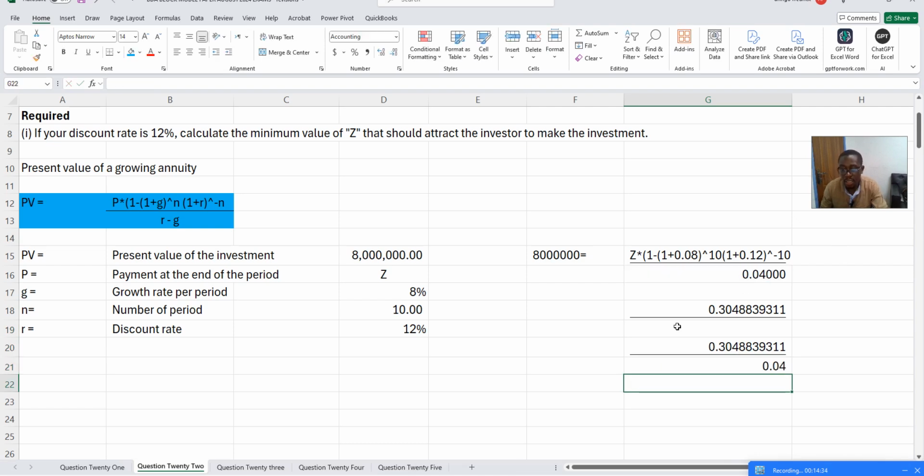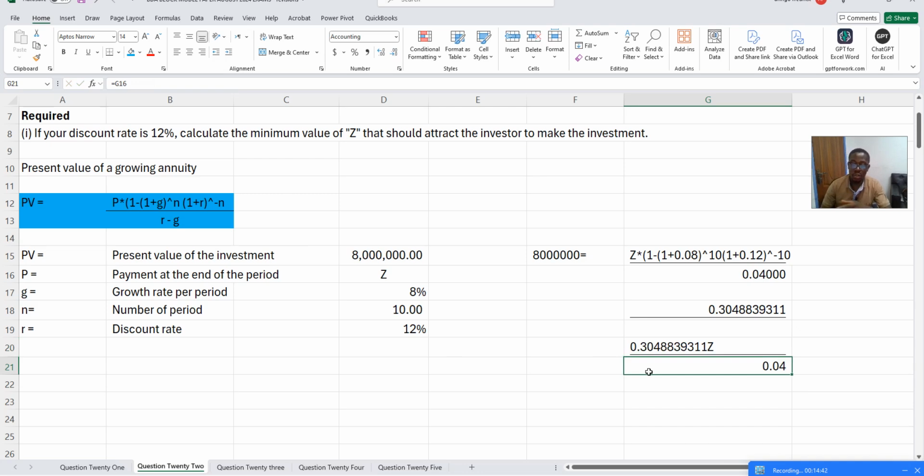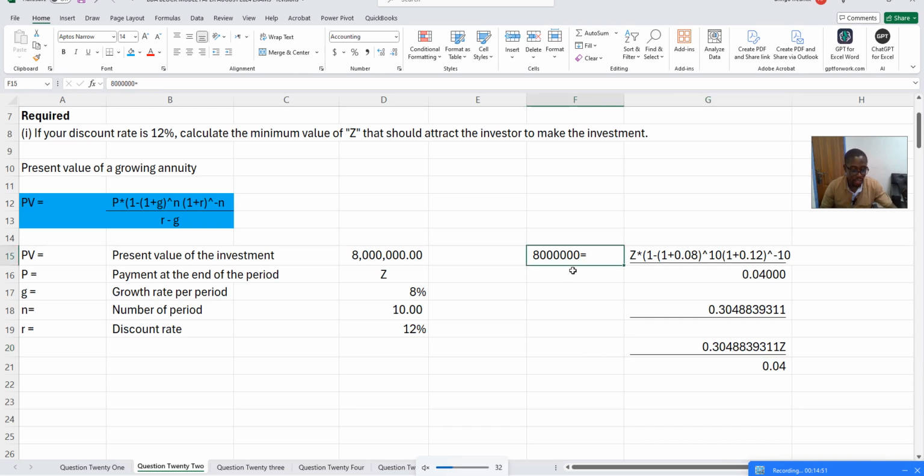So you can say this is Z, yeah? Of course, 0.3088Z, divide by whatever that we have determined at that point. So this will give us our 800 here. That will give us 800.